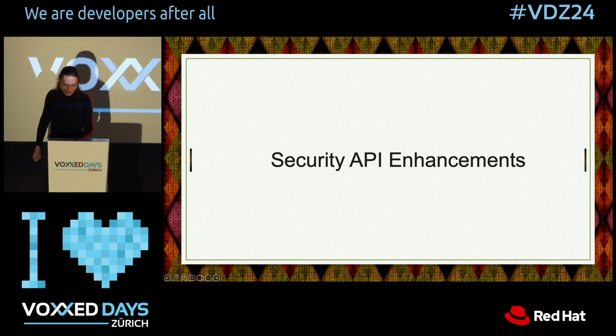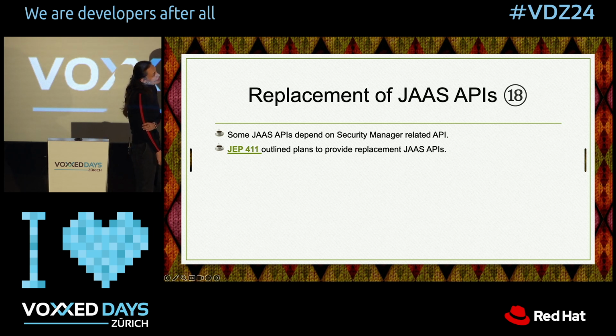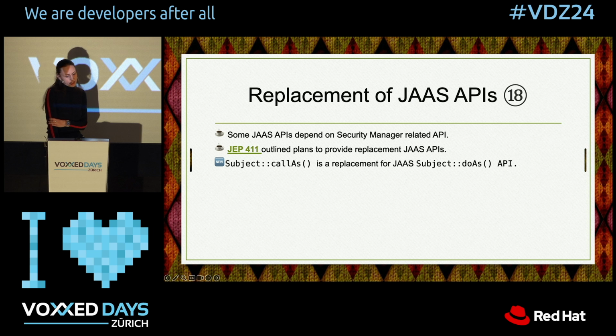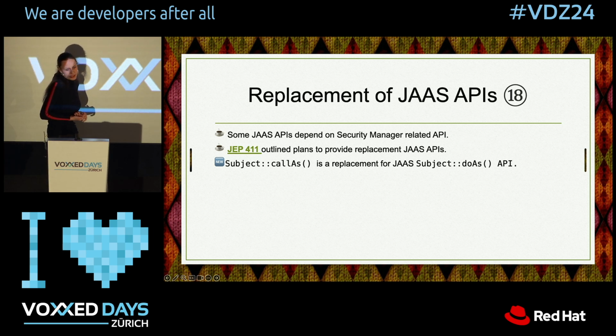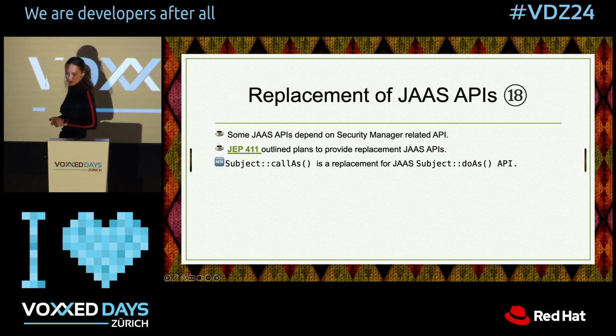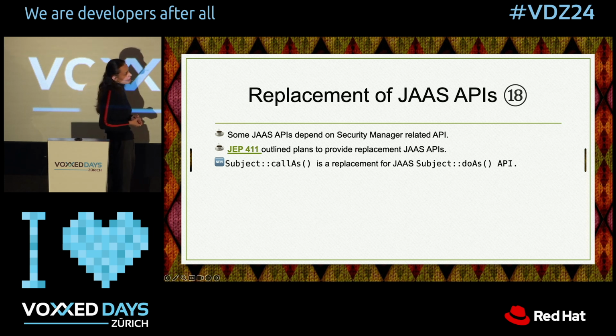One of those was the Java Authentication and Authorization Service API. There was a replacement needed there, and the replacement was for Subject.doAs. I'm going to show that in the code. Subject.doAs needed an intermediary object to get access to a subject, and that was not needed.